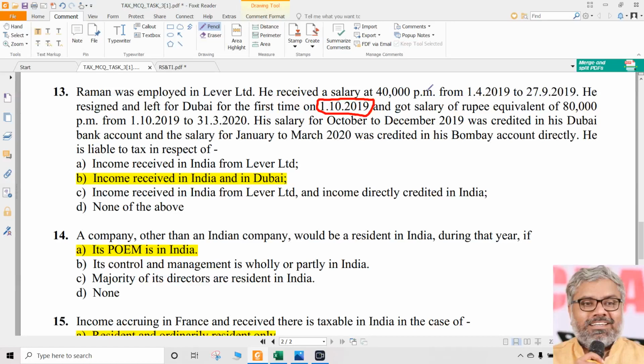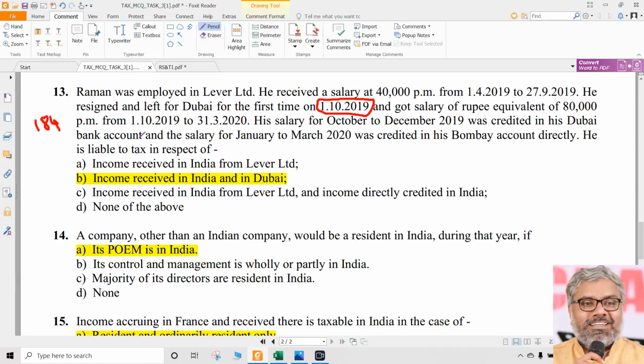April, May, June, July, August, September. So in total, how many days did he stay? 183 plus 1 October, 184 days he has stayed in India. That is the number of days of stay in India.